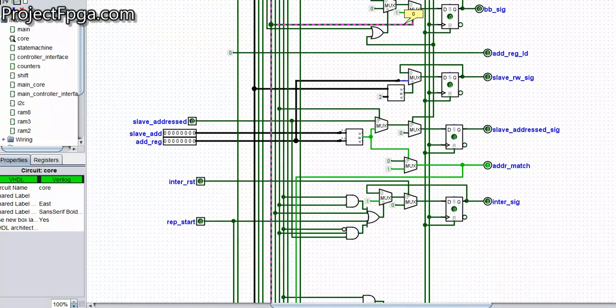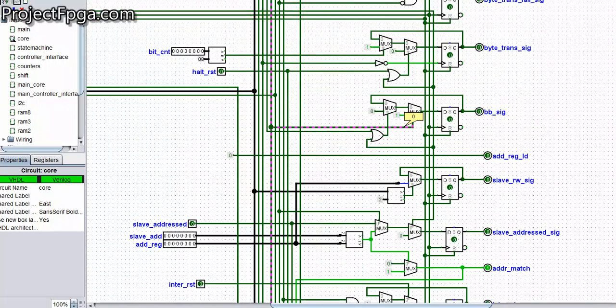So once the detect start turns on, it sets this bus busy on and latches it. So this bus busy signal is going to stay on up until the end of the data transmission before it resets. So let's see what actually resets it.